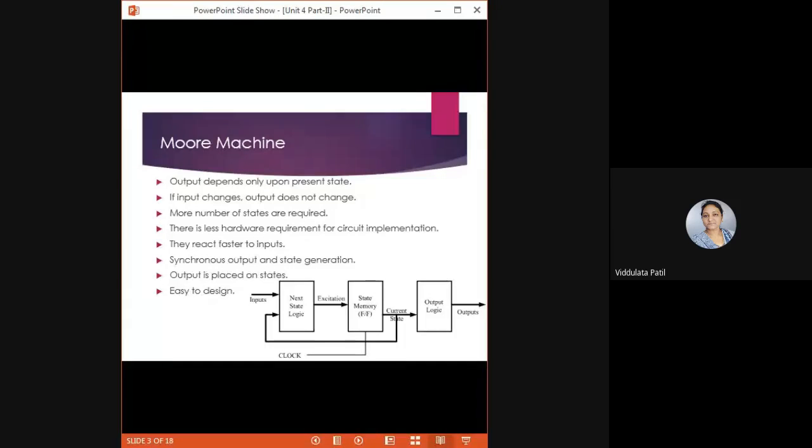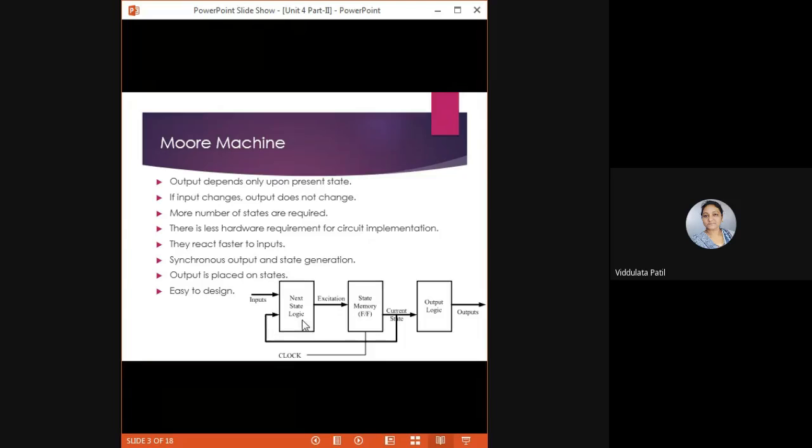That means whatever is the current state, output depends on that state. Here you can see this first block, that is the next state logic. So what will be the next state? That will be dependent on the present state and the inputs.